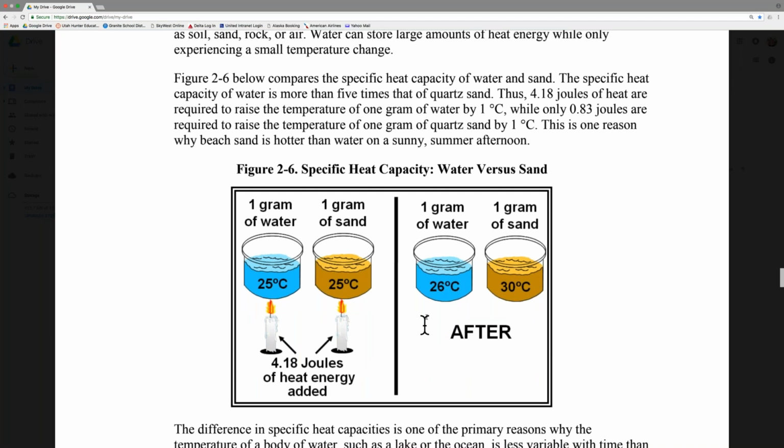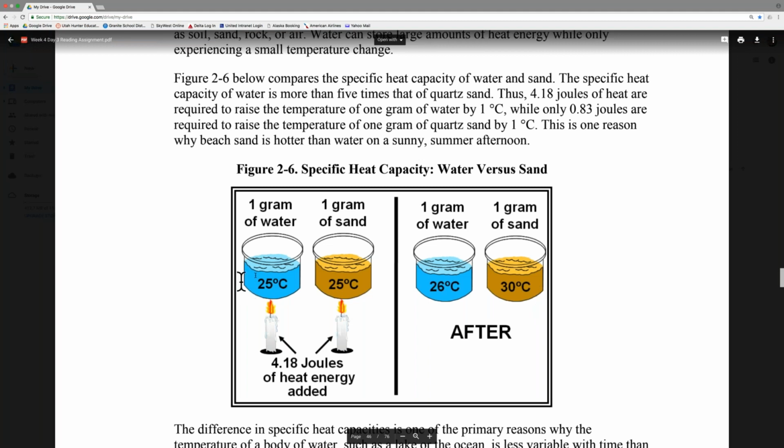Water takes a lot longer to heat up than sand, or land.